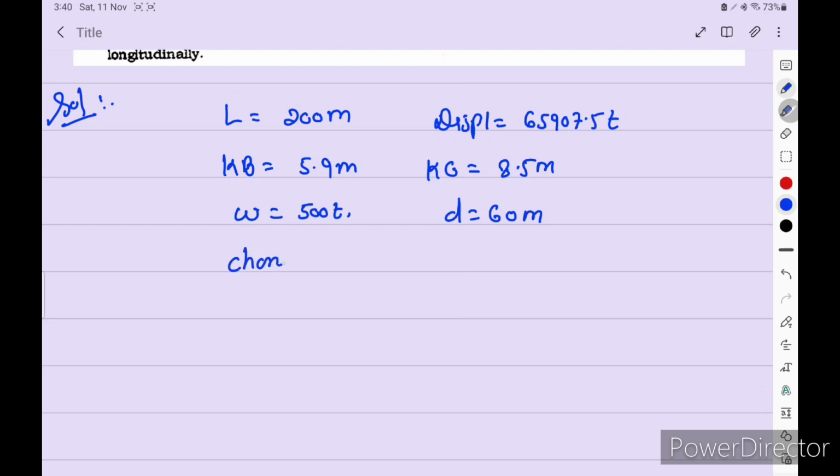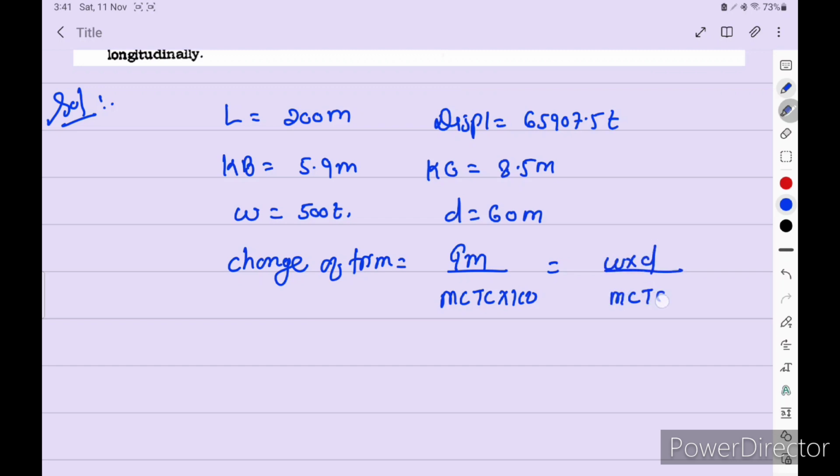What is the formula of change of trim? Trimming moment upon MCTC into 100. What is trimming moment? W into D upon MCTC into 100.